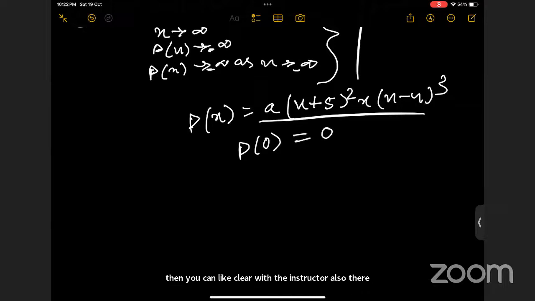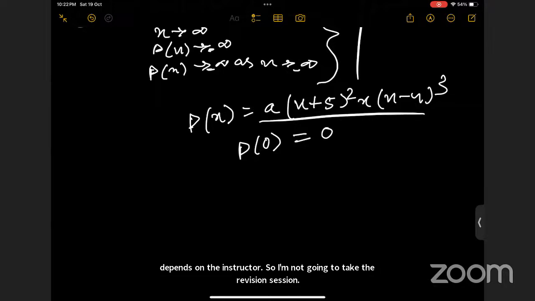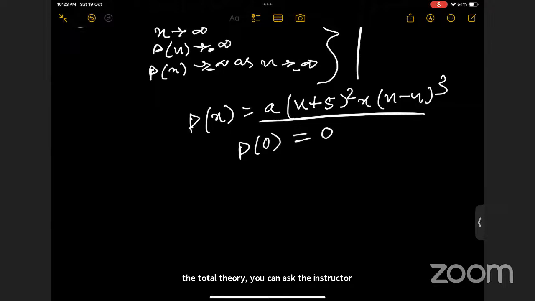Will you brief the total theory, ma'am? It depends on the instructor. I'm not going to take the revision session. If you want the total theory, you can ask the instructor, and they will briefly describe it. Or if you have a problem with some particular things, you can ask that also.